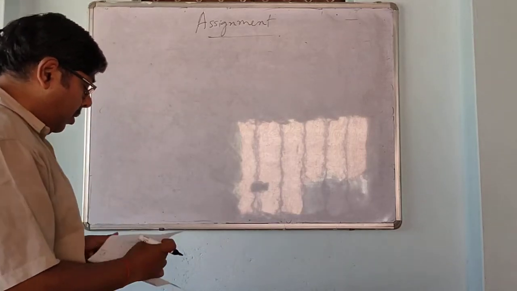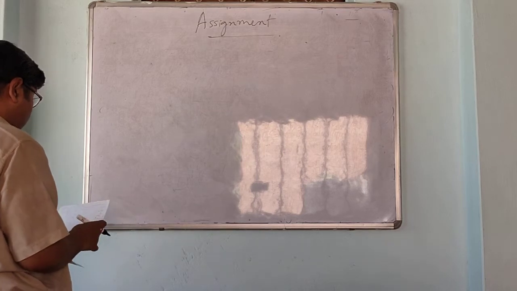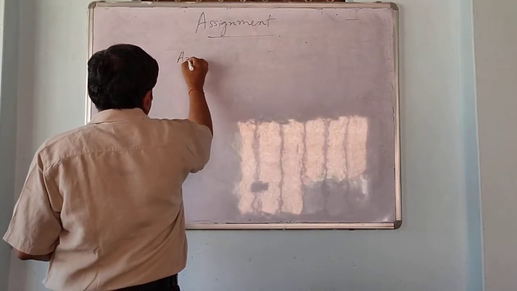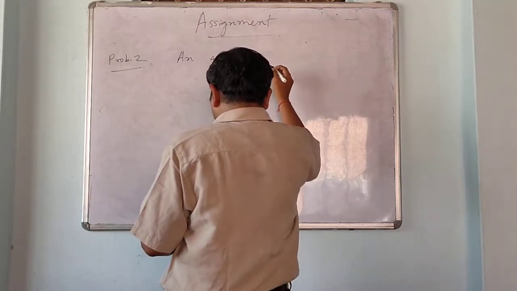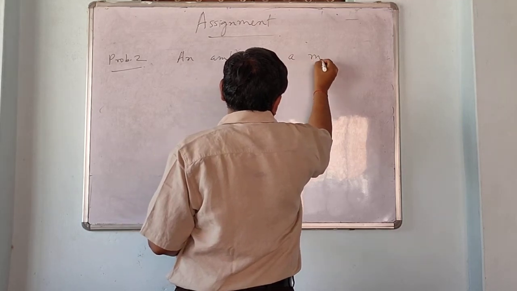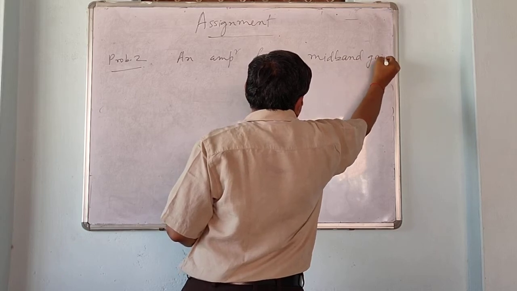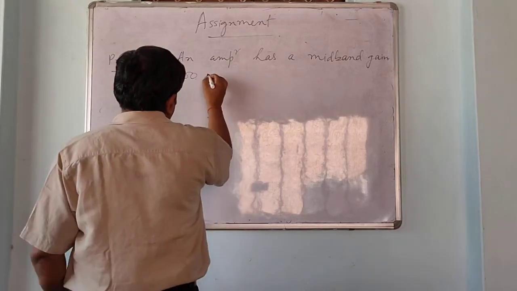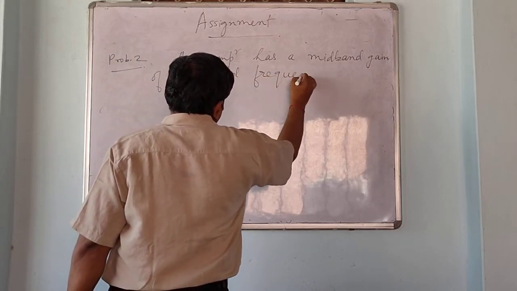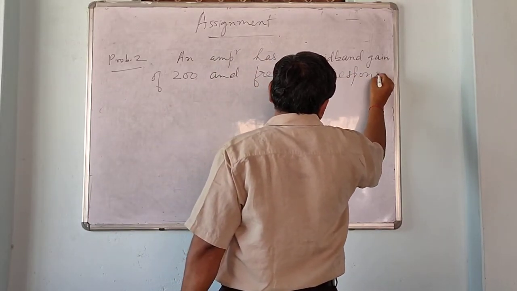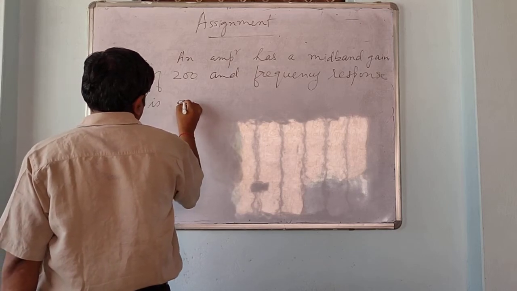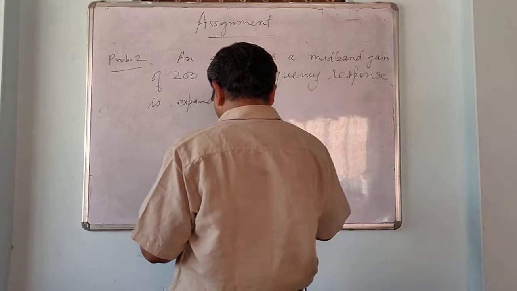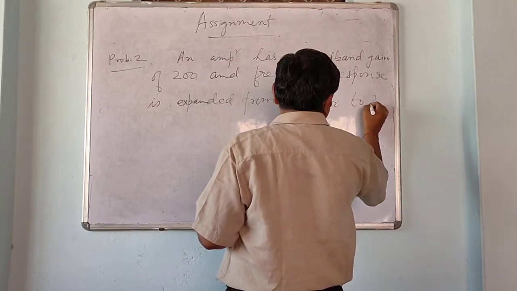Second one is, an amplifier has a mid-band gain of 200 and frequency response from 100 Hz to 20 kilohertz.